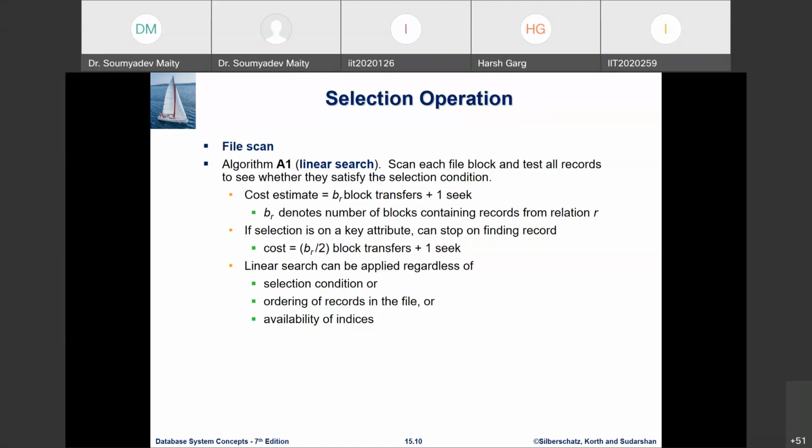Consecutive meaning maybe in the same track or from the tracks of the same cylinder, so that you do not need to move the arm, or when no block is available on the same cylinder, it gives from the nearby tracks. So that's why we assume that when you are reading a file, you need to only set the arm at the beginning of the file. So one seek is required.